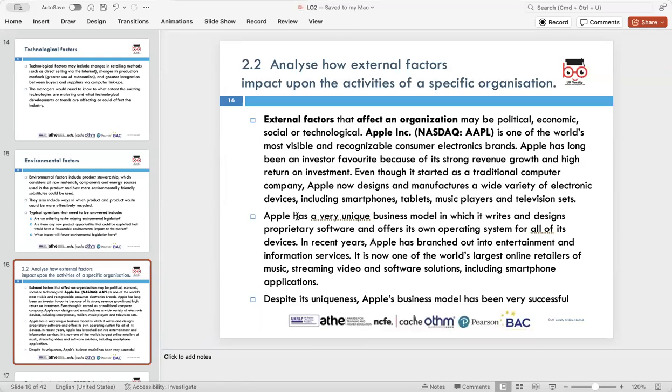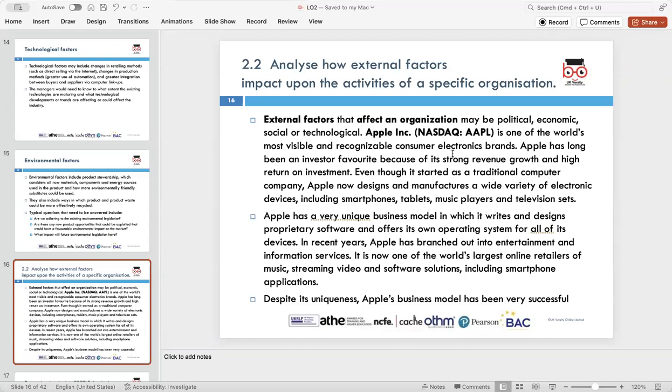One of the most well known and widely recognized brands of consumer electronics in the world is Apple, which is traded on the Nasdaq under the ticker symbol AAPL.